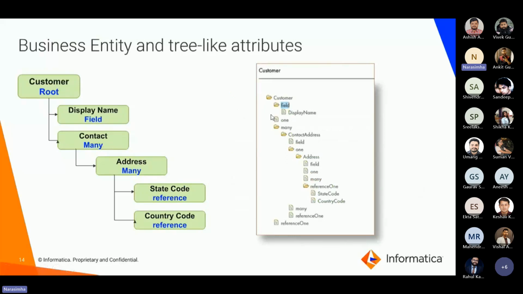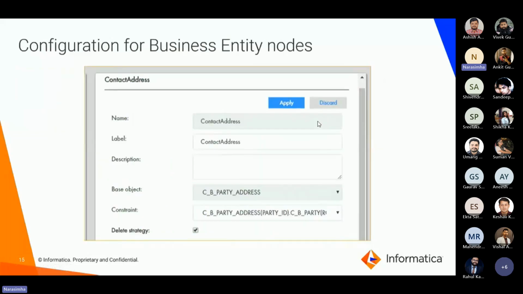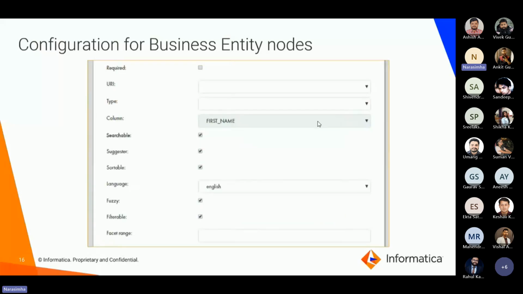That's it. Now this was just copied. This field is a display name, and many addresses, one address, reference, state code, whatever. Once you configure this, we can see the result in the page. I just copied the screenshots, guys, nothing else. So party address, first name, and if searchable is enabled, then for smart search you'll have a separate XML file where we can see what are all the columns or fields that we use for search, which is smart search.